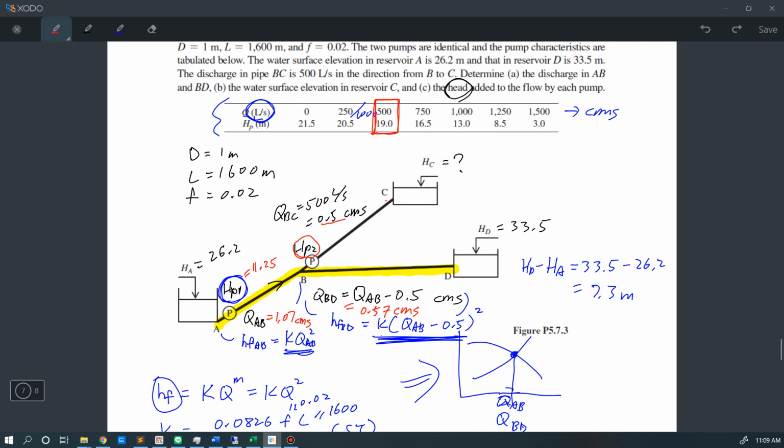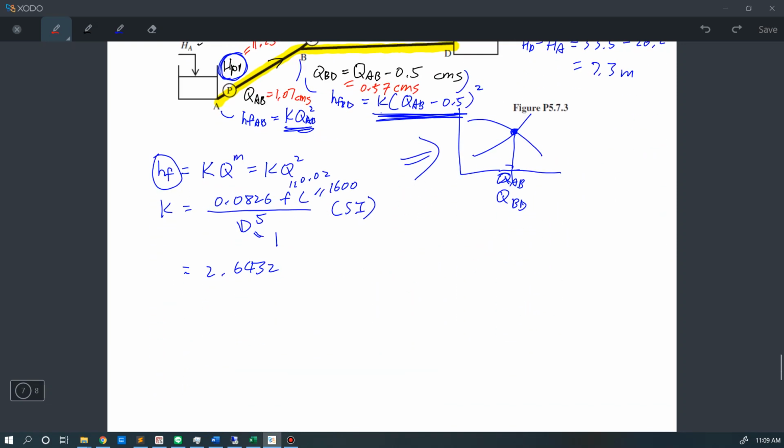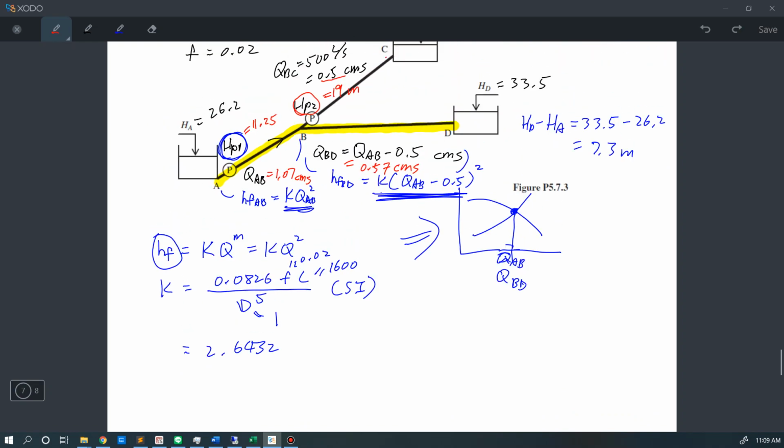So this 500 divided by 1000 is equal to 0.5. So 19 is the number for pump 2. Okay, so the only variable that we still don't know is the elevation for the reservoir C. So let's see how we can get that.